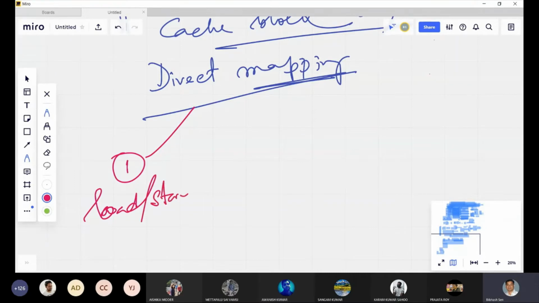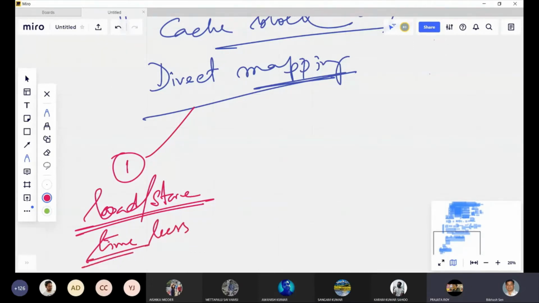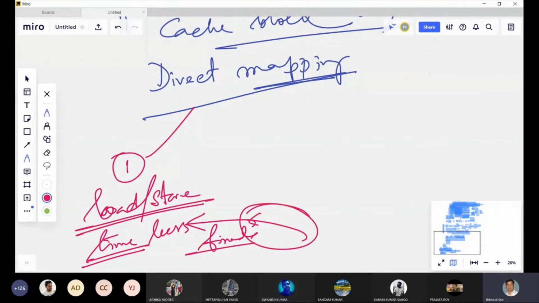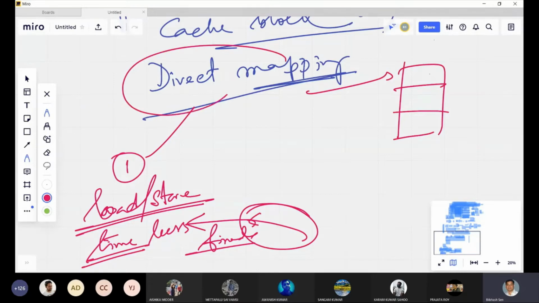First, understand that in a load and store architecture, if I follow this, the time will be less. Why? Because a page to be loaded is fixed, so you will only search that location. Loading time for a variable from main memory to cache will be very less. Also, when searching the cache for a particular page, in direct mapping you go directly to the location instead of multiple searching, because you know it will be available here.